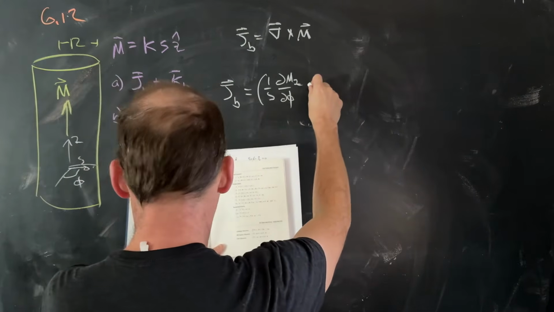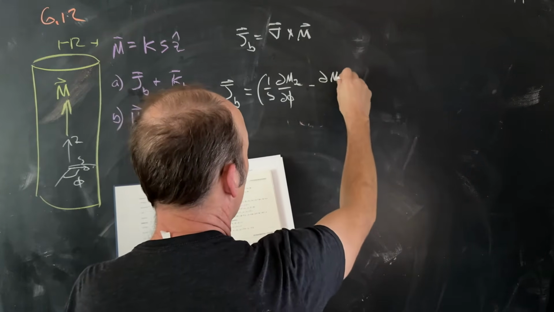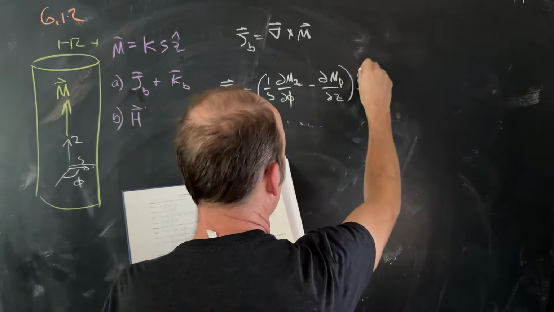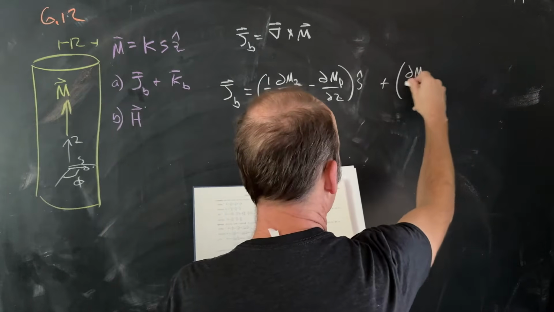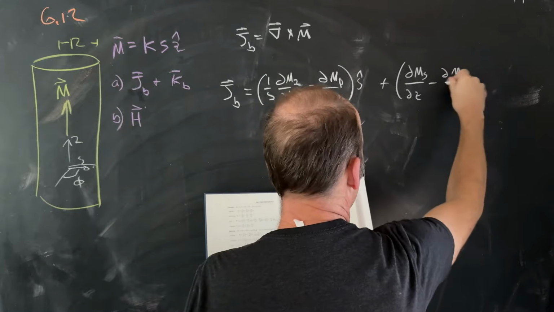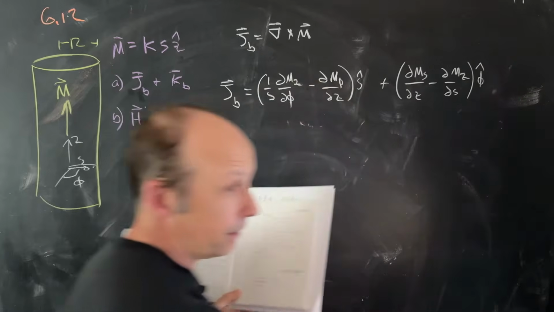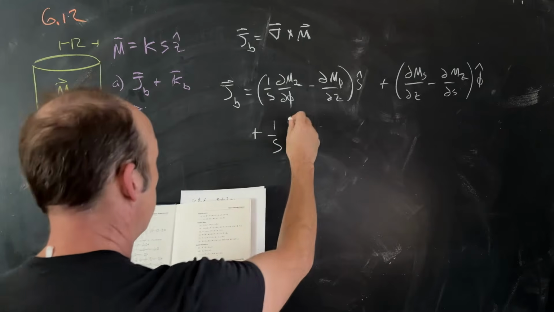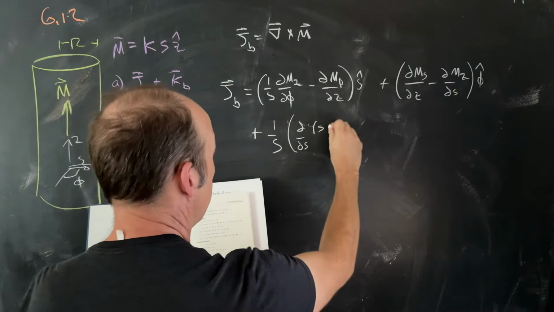Then minus the partial of m_phi with respect to z, s hat, plus the partial of m_s with respect to z minus the partial of m_z with respect to s, phi hat, and then plus 1 over s, the partial with respect to s of s times m_phi.